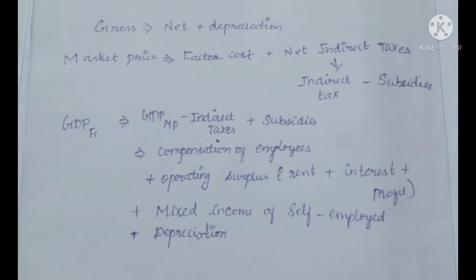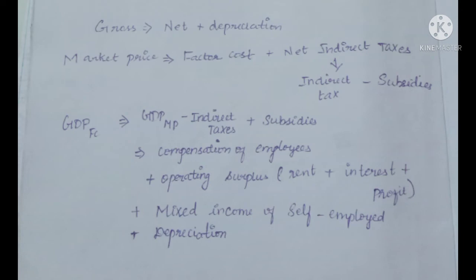Suppose market price is asked, you should add net indirect tax to factor cost. Net indirect tax is nothing but indirect tax minus subsidies. GDP at factor cost is equal to GDP at market price minus indirect tax plus subsidies.